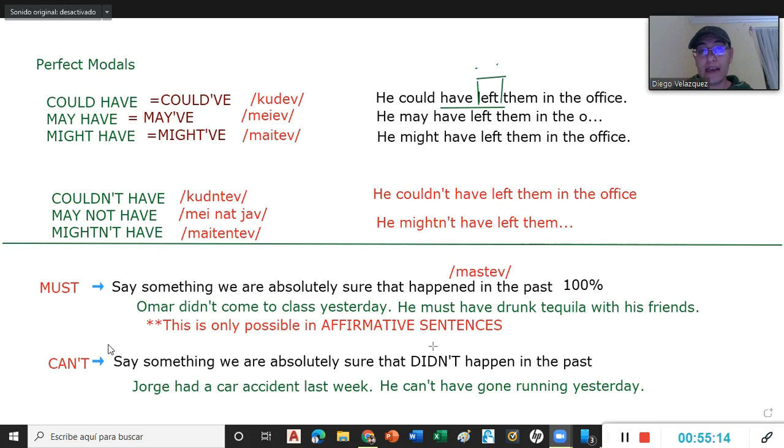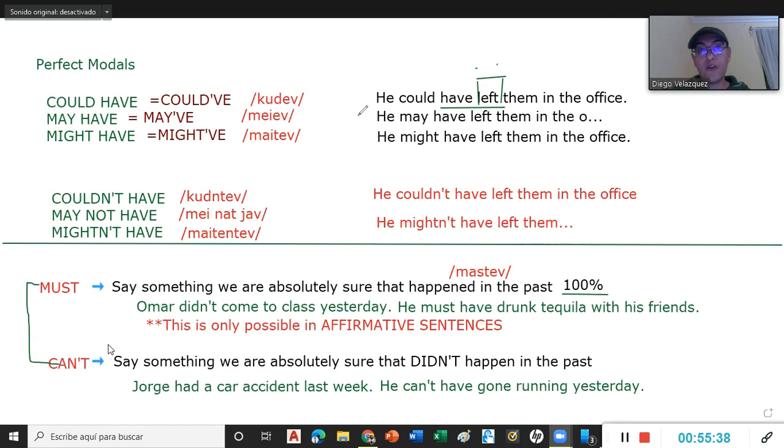So practically in here, guys, one more time, in the case of can't, it's when I am 100% sure that something didn't happen, okay? So must and can't are practically the same, guys. Just remember, must is for affirmatives and can't is for negatives.